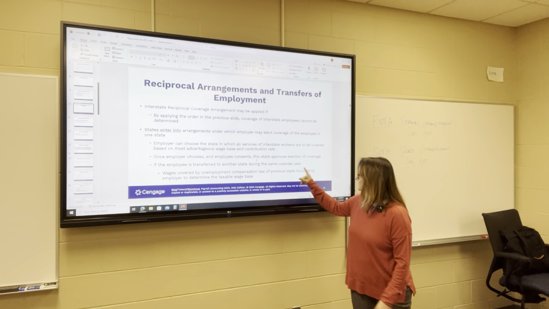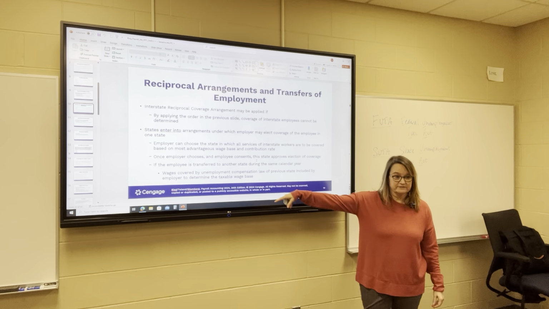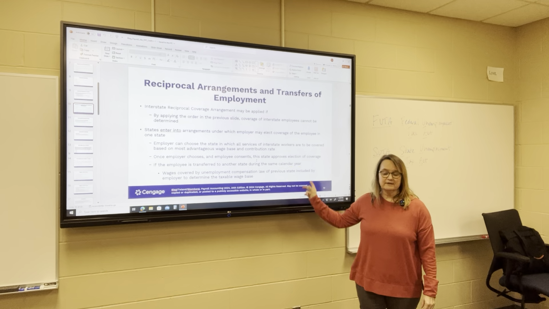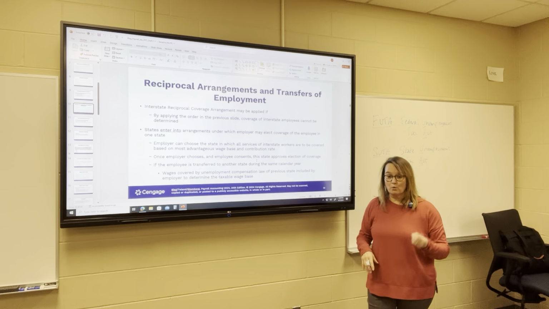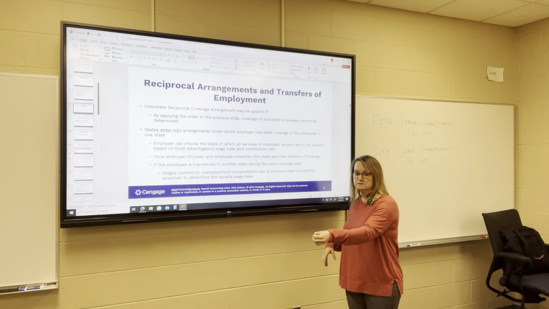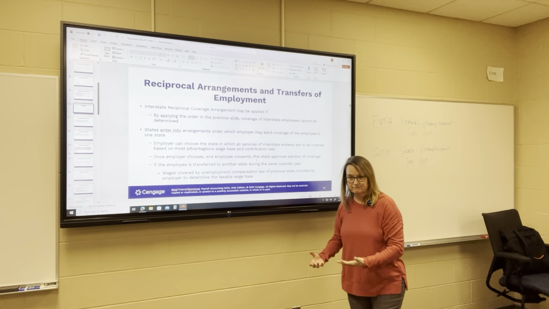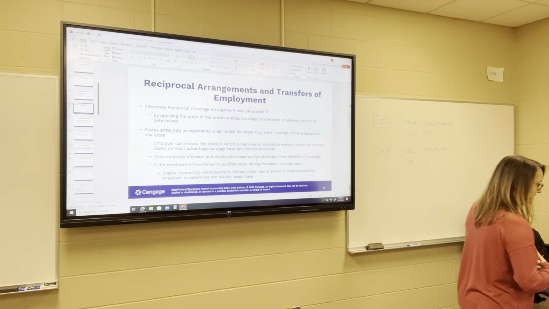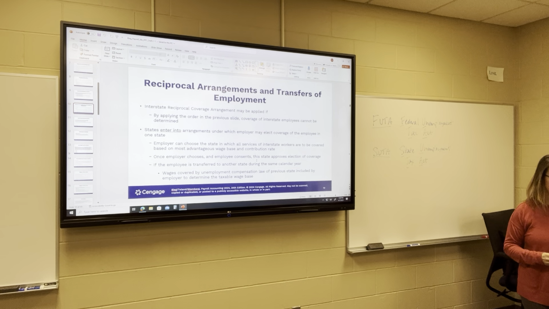Well, what they do is they'll include the taxes that were paid in the previous state in the calculation of what's remaining for the new state. So whatever was paid for Illinois state unemployment tax, they'll give a credit to the company and apply that toward Iowa for that first calendar year during that transfer. So that really only applies to employees who are transferred with the same company to a different state. Okay.